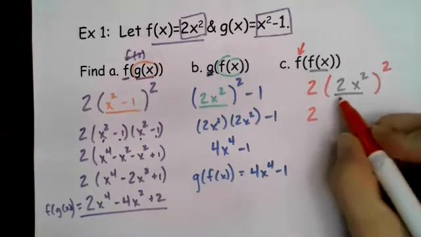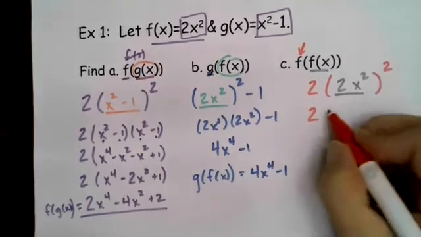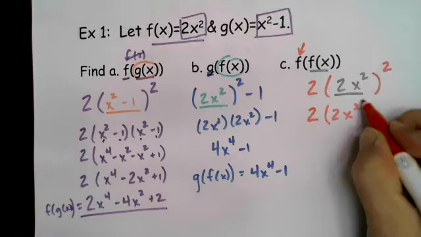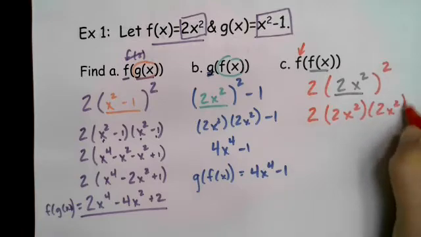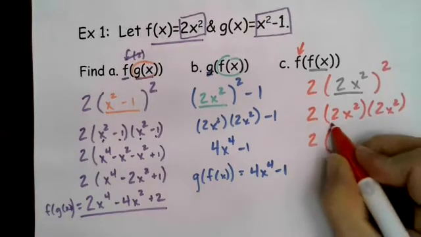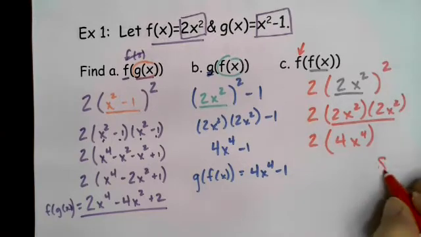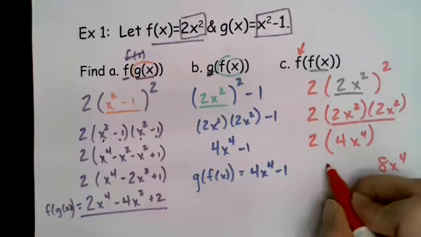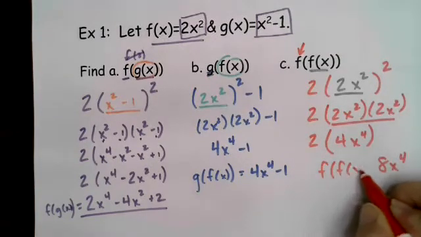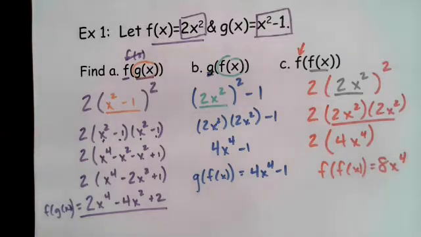So I'm going to keep my 2. My 2x squared squared, I'm going to write as 2x squared times 2x squared. I'm going to leave my 2 and multiply these together. That would be 4x to the fourth. And then distributing, I have 8x to the fourth. And this is f of f of x. All right, so it's substitution, not using a number, but using a different function.